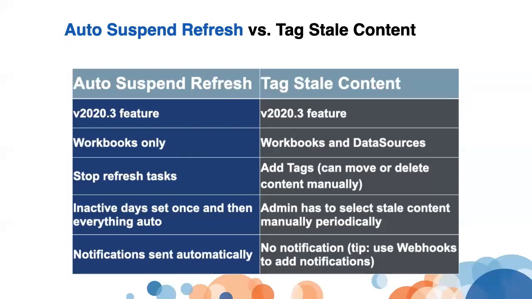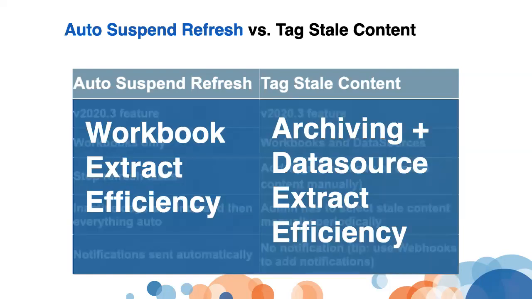Although you can build notifications, for example, using webhooks if you want. That is the high level recap. If you don't remember anything else I mentioned, auto suspend refresh is mainly for workbook extracts efficiency, whereas tag stale content is for archiving, but also dealing with data source extract efficiency.